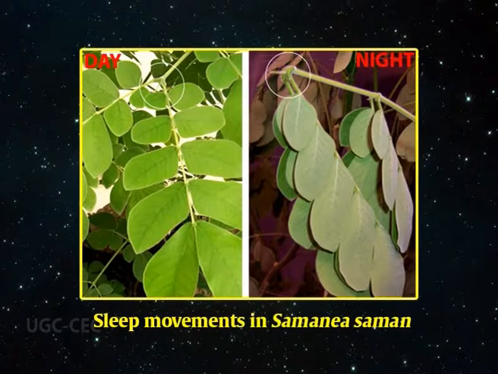The nyctinastic movements are quite noticeable in leaves that exhibit a differential position during day and night. In many plant species, typically the leaves or leaflets are in a horizontal or open position during the daytime and assume a more vertical or closed orientation during night.